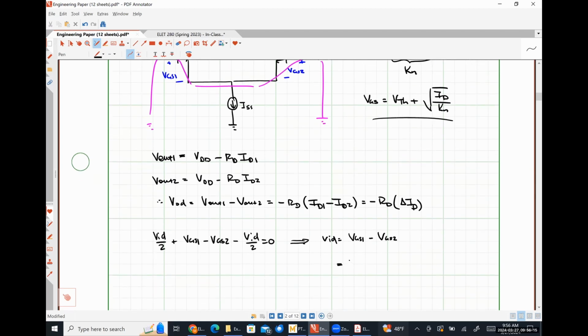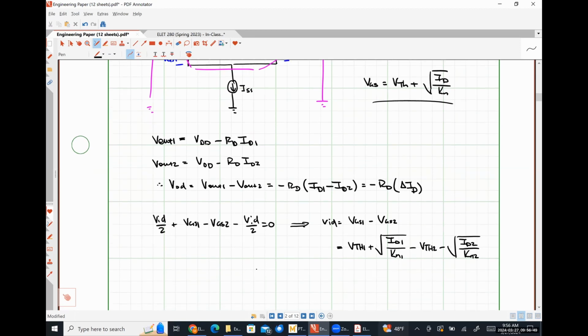So we're going to have VTH1 plus the square root of ID1 over KN1, minus VTH2 minus the square root of ID2 over KN2. Yes.